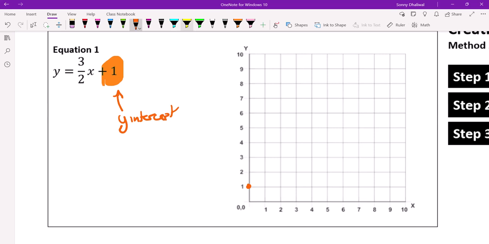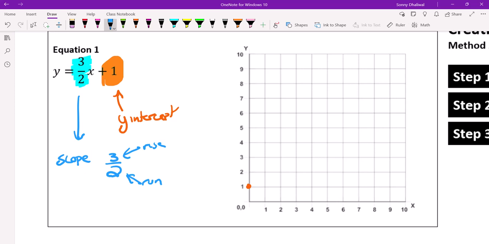This is our slope, 3 over 2. What does the 3 stand for? Rise, and run. So looking at the equation of this line, is it going to go up to the right or down to the right?